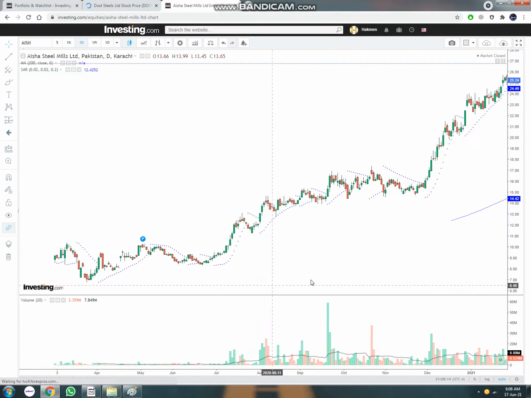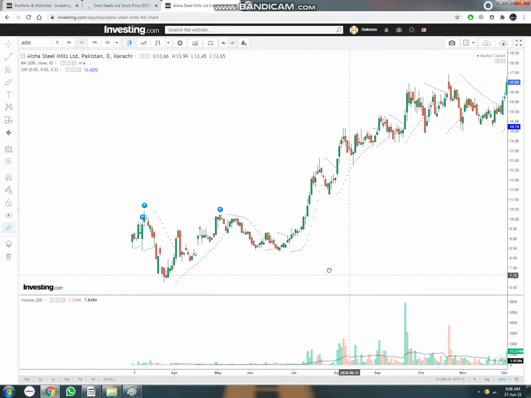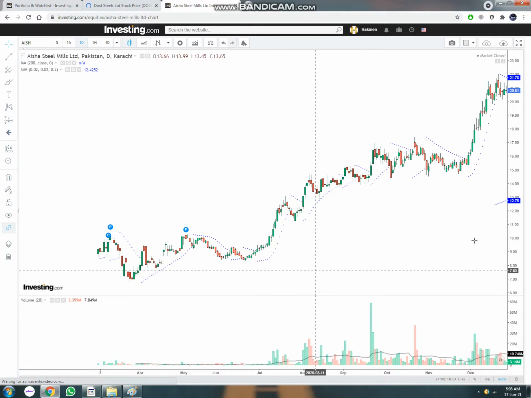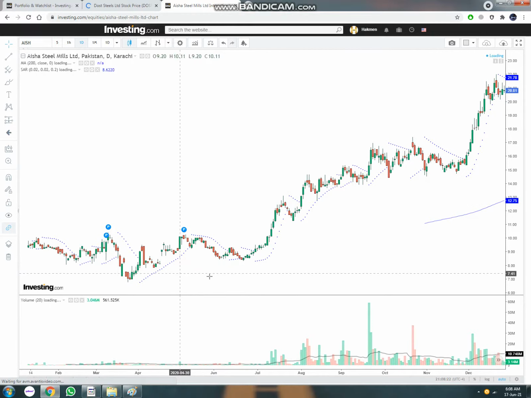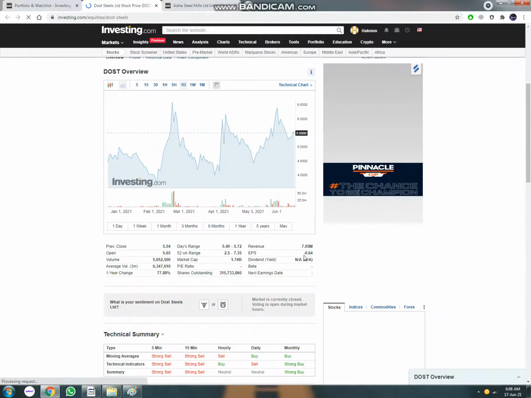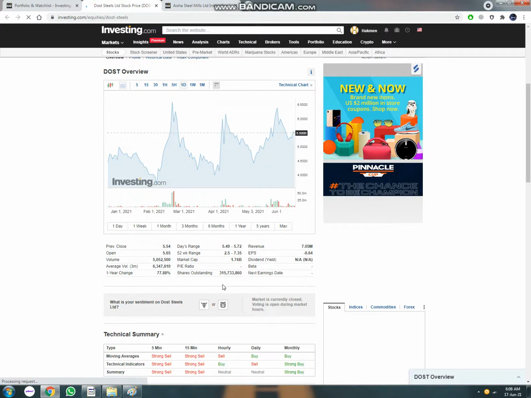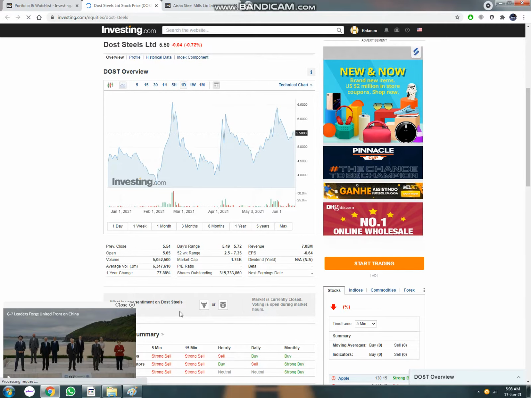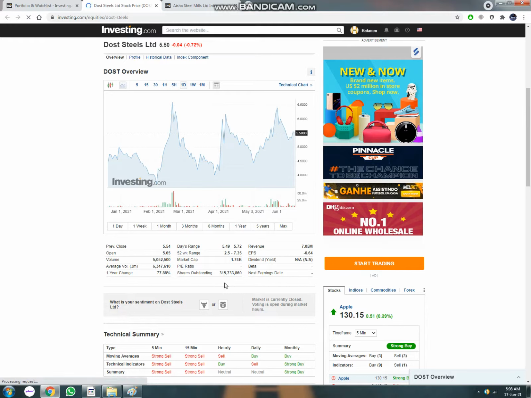Now let's see where the moving average is heading. By this moving average I will determine the value of a certain stock. There is also a method where they say that if the PE ratio is above 20, it is too expensive; if it is below 10, it is undervalued; and if it is between 10 and 20, then it is moderate, so invest.